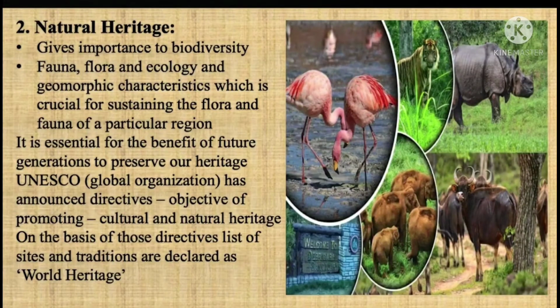Now, when we talk about fauna and flora, fauna is the animals and flora are plants, and ecological and geomorphic characters are different types of landform and natural features of the region, which is very crucial in sustaining. Sustaining means supporting the life of flora and fauna of a particular region. Children, it is very essential to preserve this also for the benefit of the future generation.